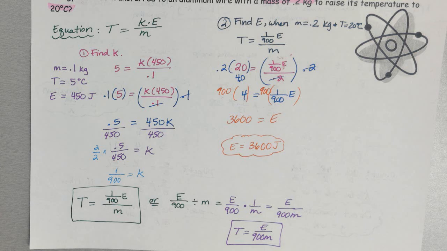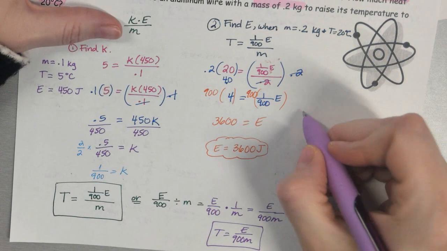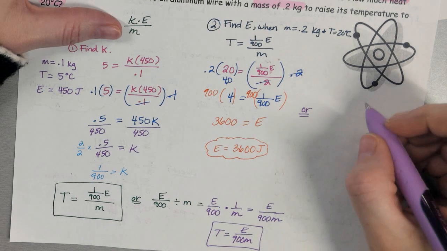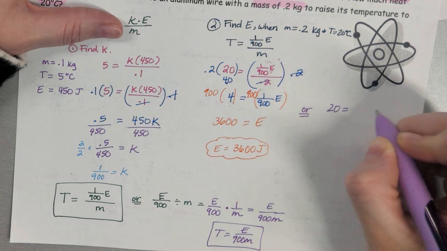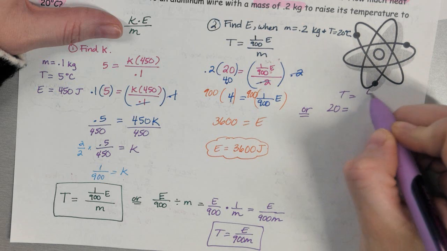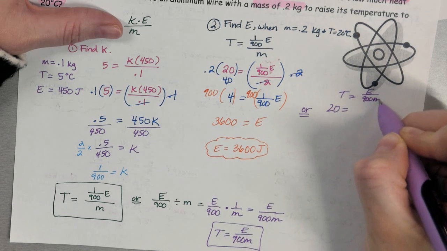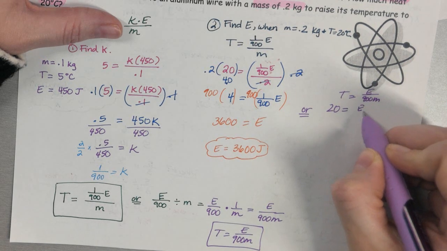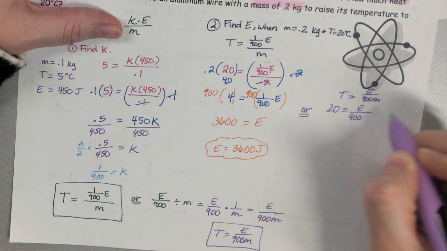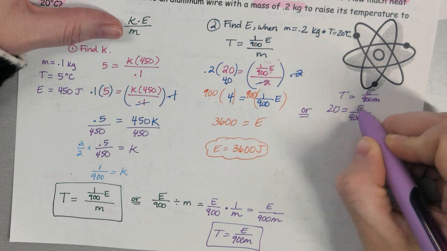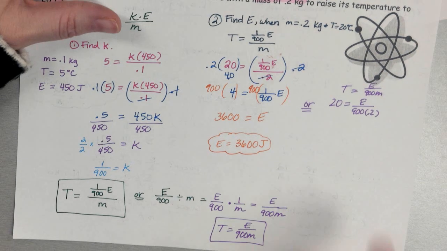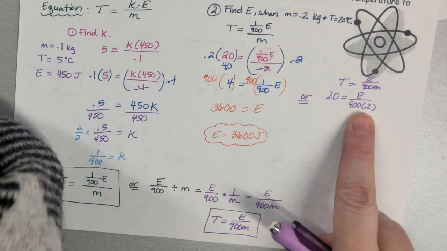Or if you have 20 equals, if you use t equals e over 900m, okay, then your first step is multiplying 900 by 0.2.